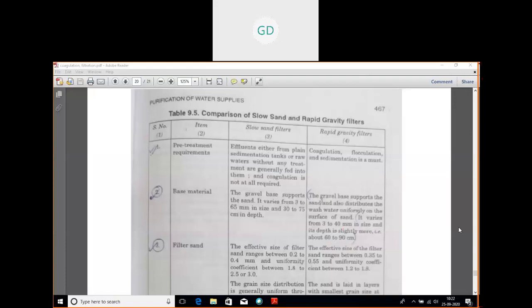In slow sand filter, the rate of filtration is slow, and in rapid gravity, the rate of filtration is rapid. Slow sand filter gives more accurate results. Rapid gravity filters are used because they are cost effective. Slow sand filters are used in small treatment plants, and rapid gravity filters are used in big treatment plants and public supplies. So write it down in your copy.